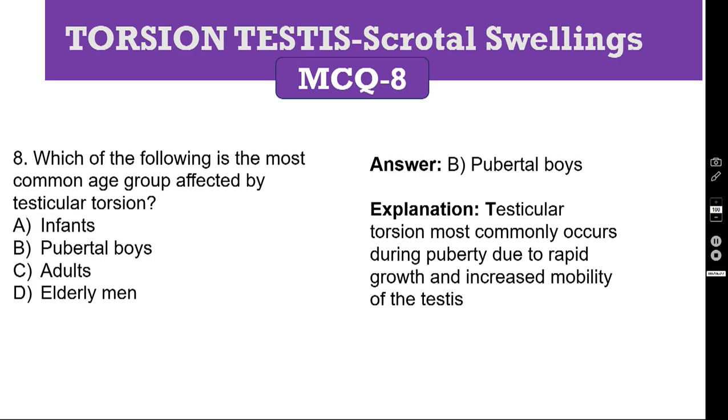Infants means after 28 days up to 1 year. So they haven't mentioned the neonatal babies. If neonate is put, then both are correct. Pubertal boys is also correct because it has two peaks in age: one is pubertal boys, another one is neonatal boys.